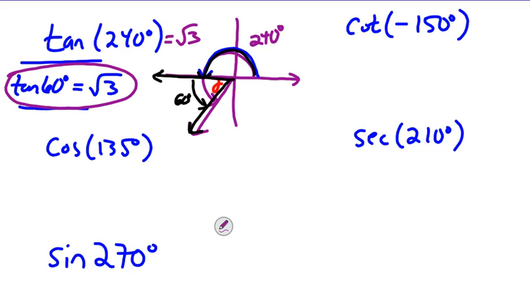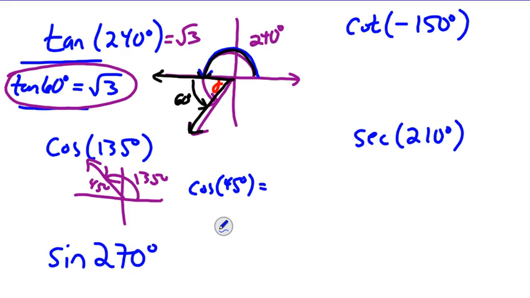Cosine of 135. If you want, you can draw a picture. That's 135, right here, the angle I'm interested in. I have to understand that it's 45 more degrees to get to 180. So if I want to evaluate the cosine of 135, I'm going to evaluate the cosine of 45, which everybody knows.